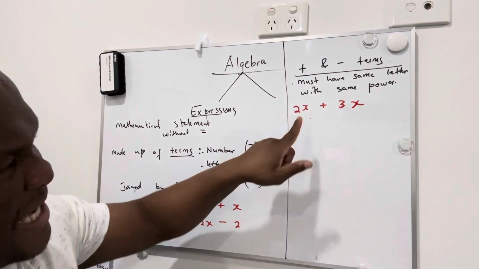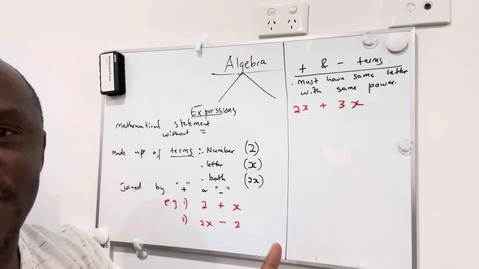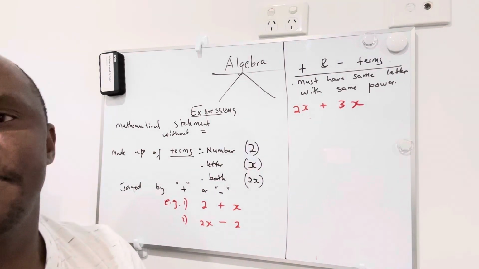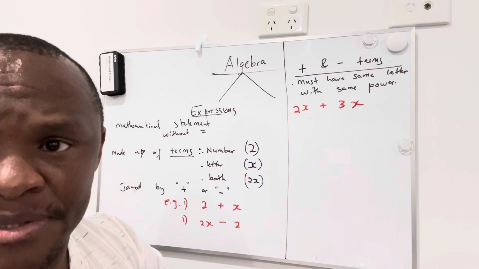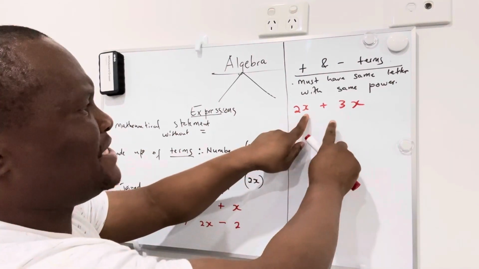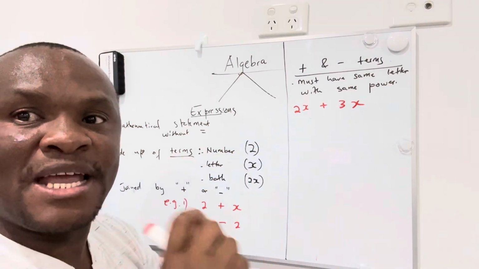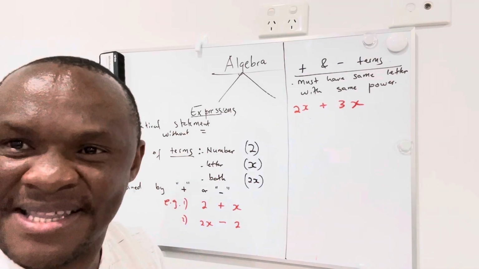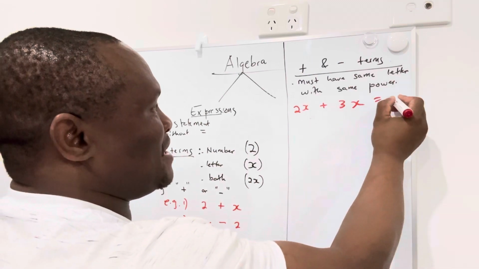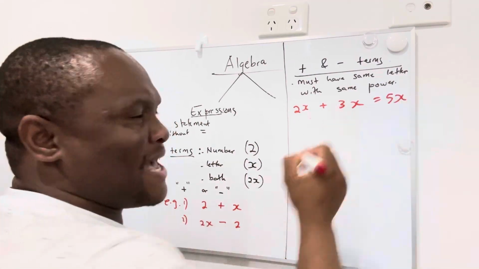It means it's the same as saying 2 apples plus 3 apples. The answer is going to be 5 apples. Because they have the same letter, we can add them. Or if it was subtract, then we can subtract them. So here it is going to be 5x.